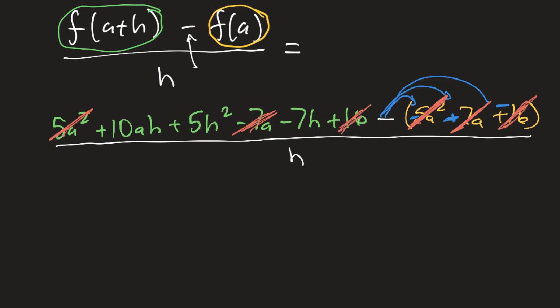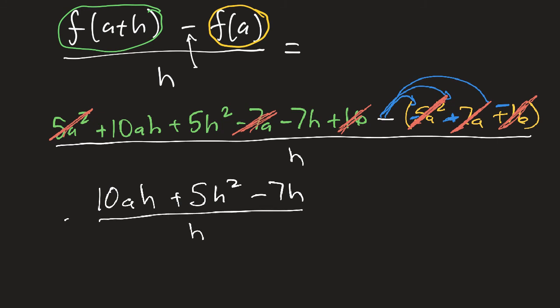And what we're left with is a 10ah plus a 5h squared minus a 7h, and everything else is canceled out. And then we still have our h in the denominator. So this is the simplified form for this difference quotient that we wrote out.